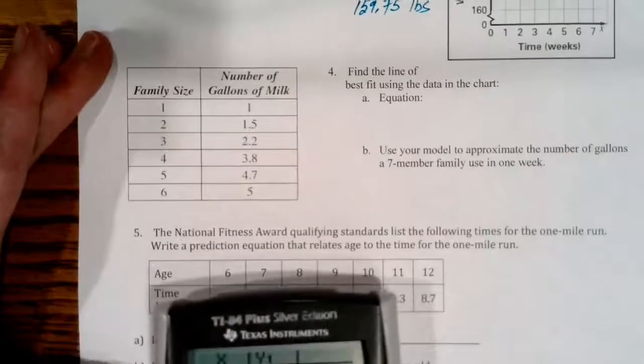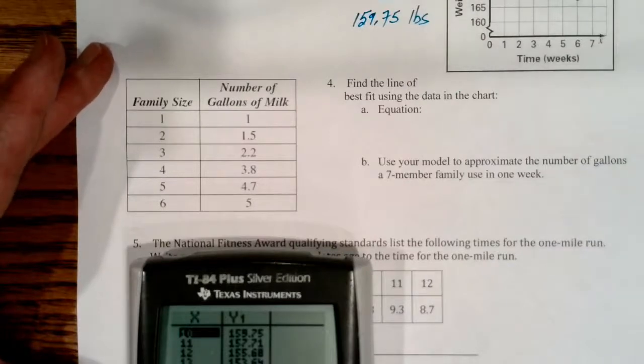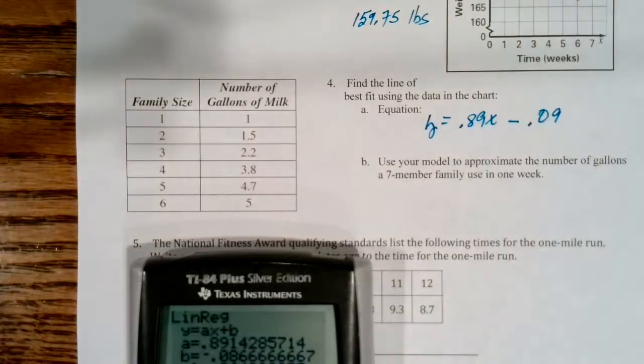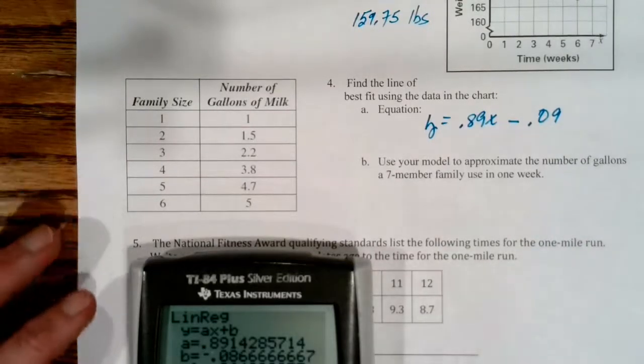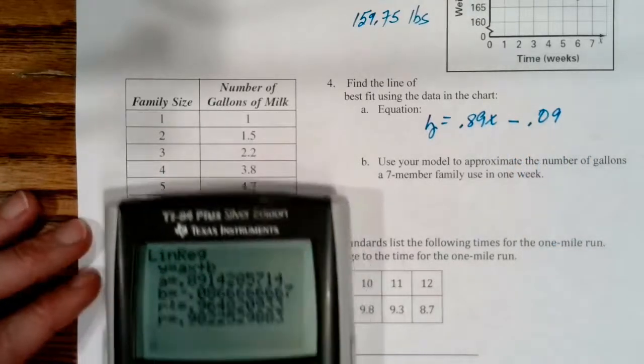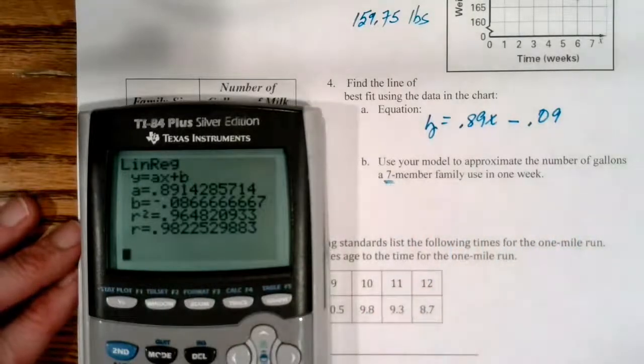Alright, here's a chart for a family of the number of gallons of milk for the family size. So we'll go ahead and pause the video, you enter the data, and check back in. Alright, so I have my data in and I ran my regression and I have my equation. It says use your model to predict the number of gallons for a 7-member family.